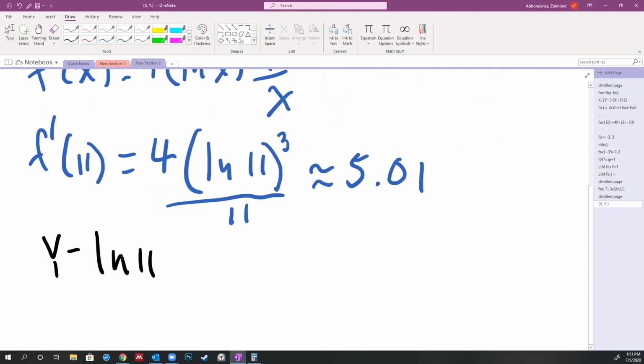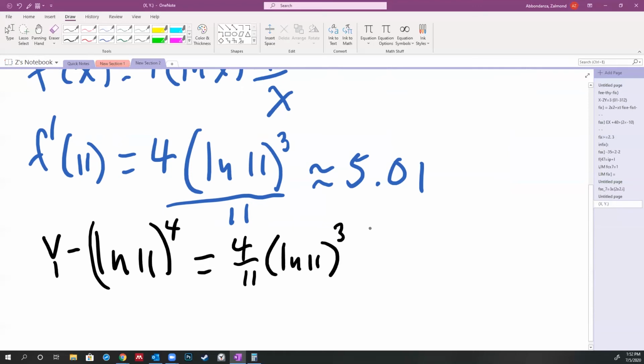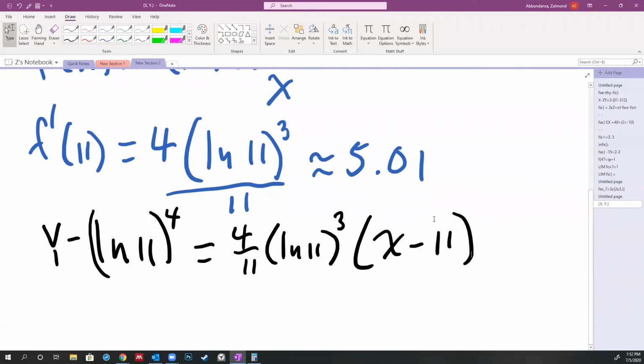Natural log of 11 to the 4th equals our slope, which is this, 4/11 times the natural log of 11 cubed, x minus x1, which is 11. There's our basic setup. What I'm going to do now is distribute, and then put everything into the calculator here.